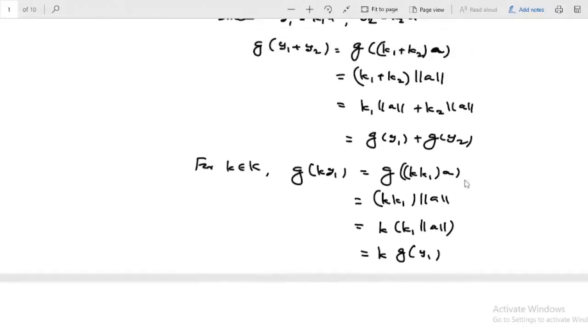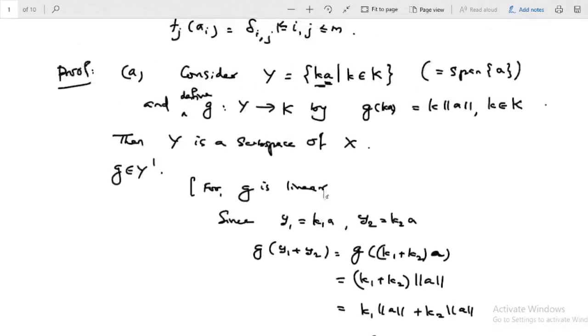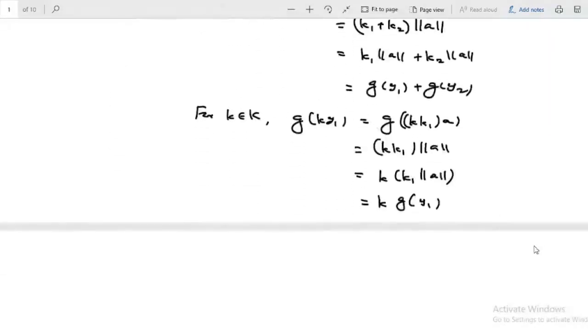Why is it continuous? Since G is defined on a finite dimensional normed space, because the dimension of Y is 1, by Theorem 6.1, G is continuous.